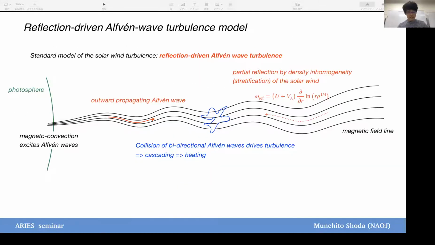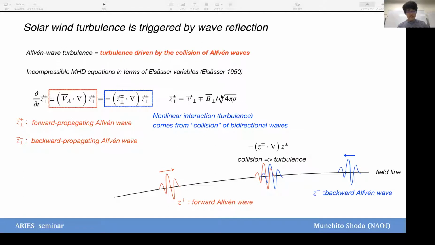In the linear regime, these LSS variables exactly correspond to the forward and backward Alfvén-wave. But of course, in the nonlinear regime, it is not always forward and backward. Anyway, we assume that even in the nonlinear phase, these variables correspond to the outward and inward Alfvén-waves.